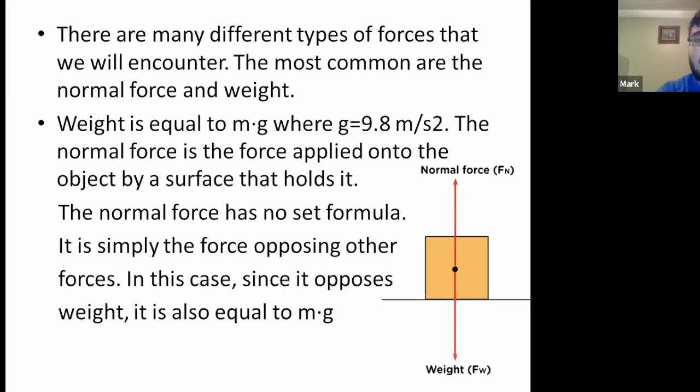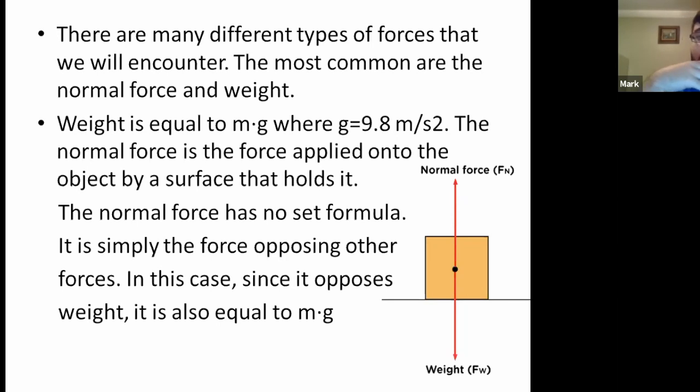So there are many different types of forces that we'll encounter. Some of the most common and most basic are the normal force and weight. Weight is what essentially we think of as gravity, and it's what pulls you down to the ground. It's what keeps you from floating away. Weight is equal to mg, where g is the acceleration due to gravity, as we mentioned earlier.